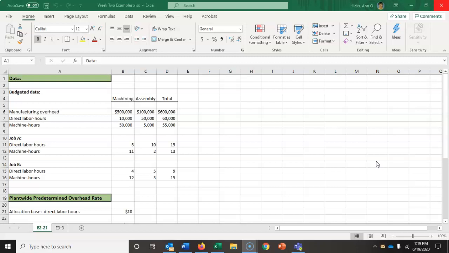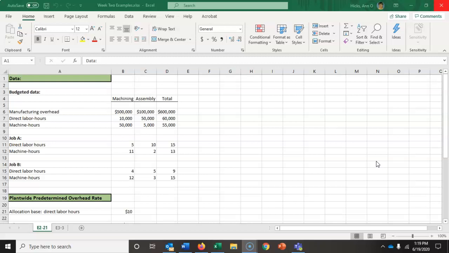So you'll remember in that example, what we did was we took all of our overhead costs, we lumped them into one pool and said, we're going to allocate all of these overhead costs based on, I think it was direct labor costs, but whatever we've identified as the appropriate allocation base: direct labor costs, direct labor hours, machine hours, whatever we think is the best cause and effect reflection of the costs.